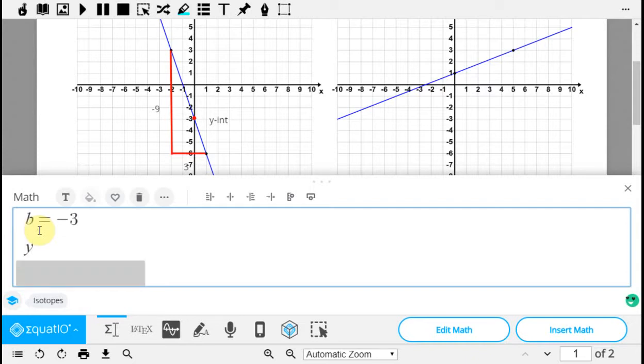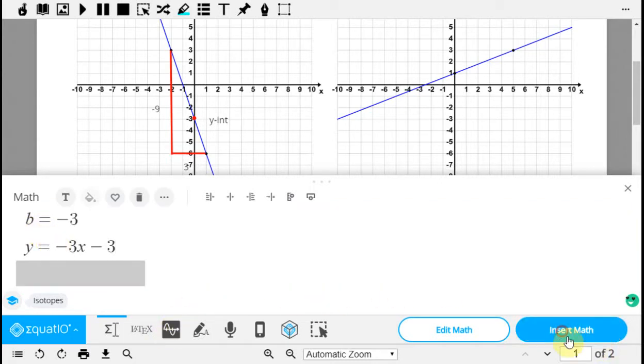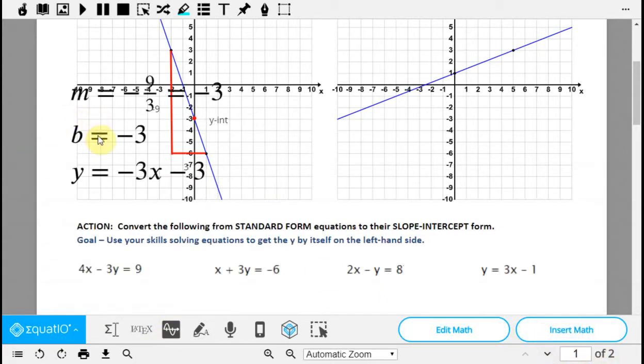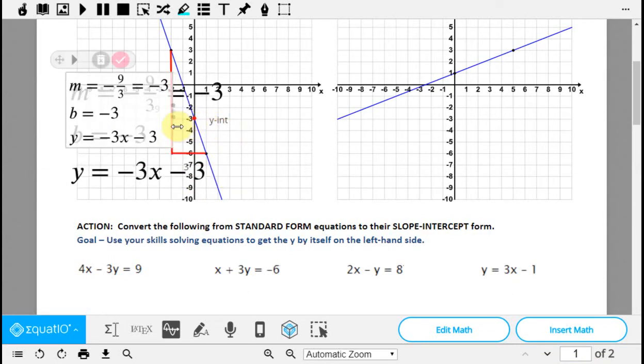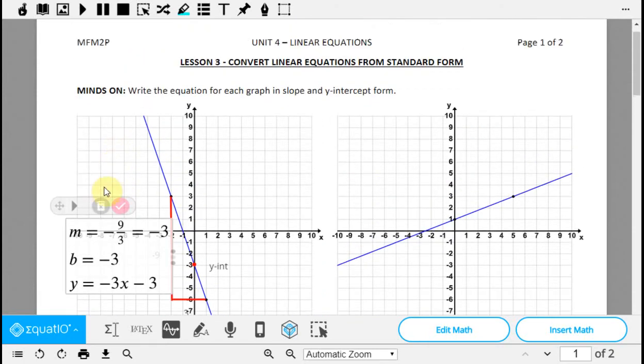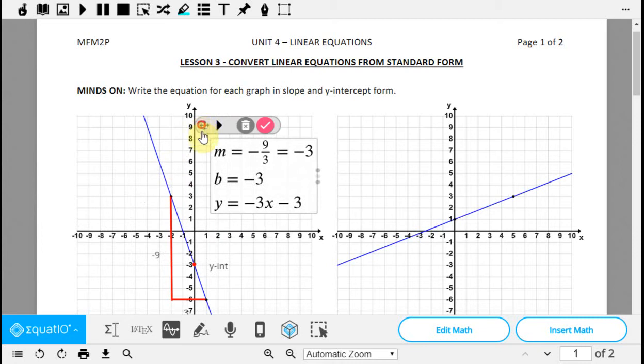That makes my equation y equals -3x - 3. So there is the equation for the first line.